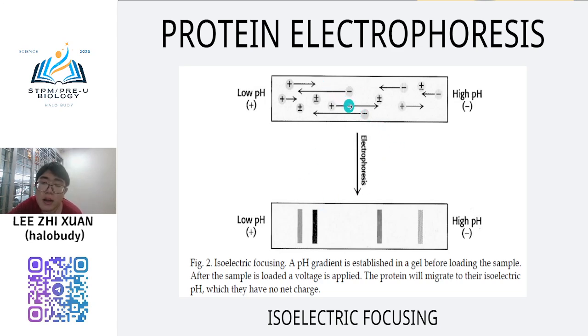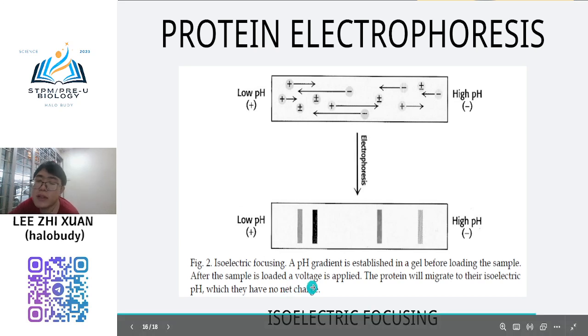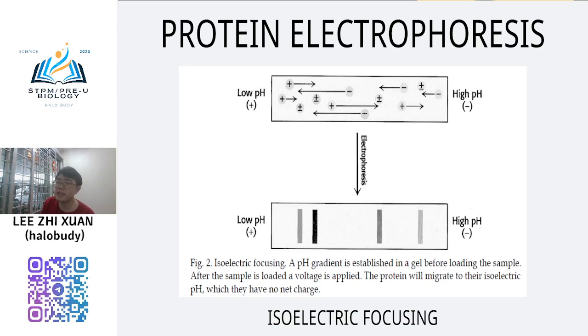Normally you load the sample at the middle. After that, you run the electrophoresis, and the protein will migrate to its isoelectric pH, where it has no net charge. Not all proteins are neutral at pH 7.